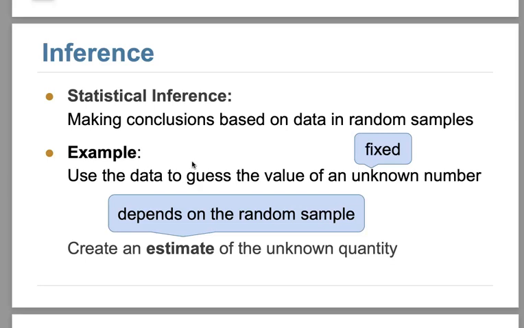For example, we use statistics to guess the value of an unknown number. This unknown number is actually one value that represents the population, and of course it has one value. For example, I want to know the average sleeping hours for all DVC students.